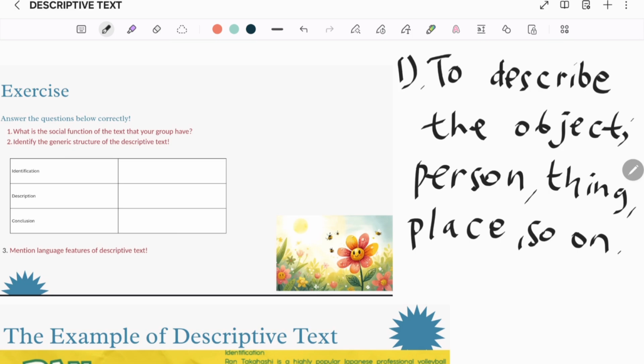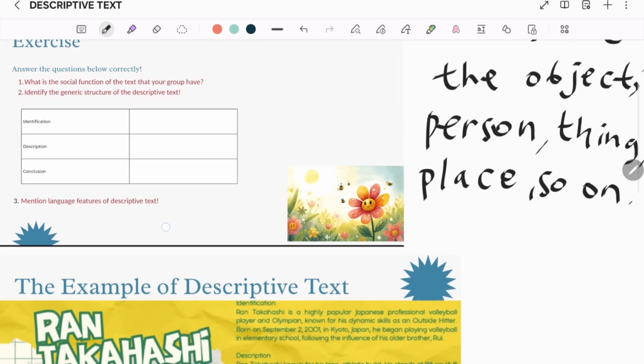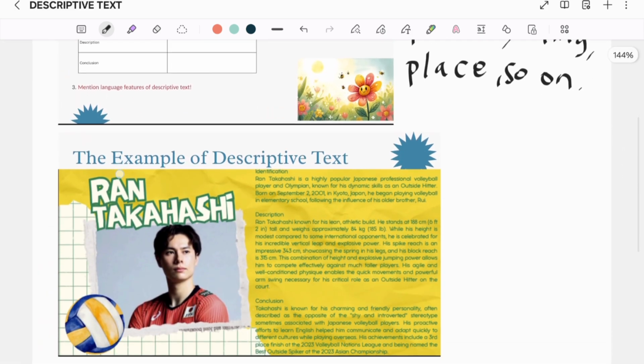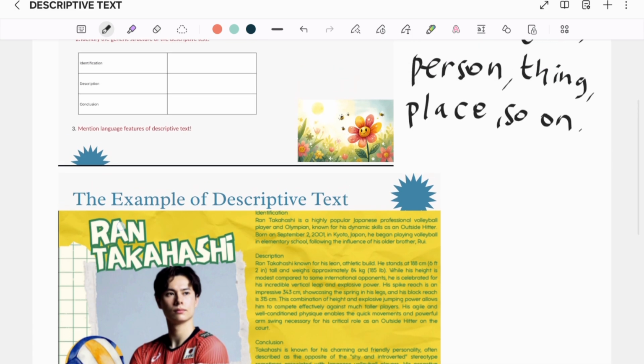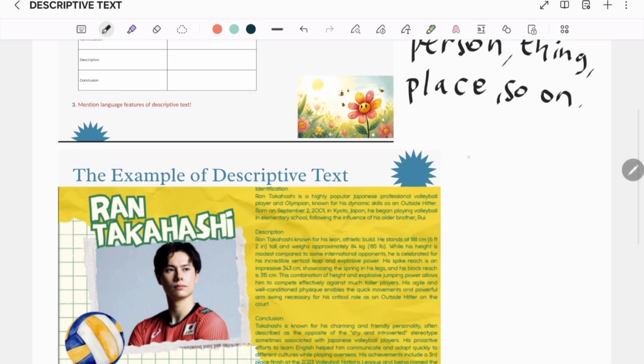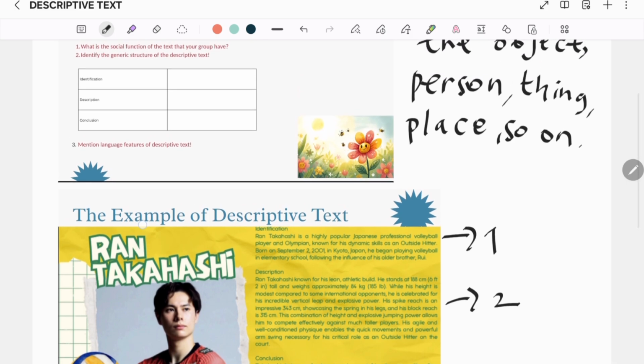Number two here, identify the generic structure of the descriptive text. If we identify each paragraph here, we will see many paragraphs in the text itself. This is the first paragraph, this one is the second, and this one is the third. For the first paragraph, we can identify it as identification, so you just write the number of the paragraph, number one.